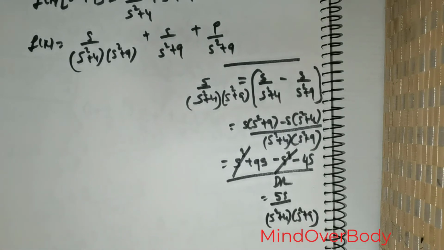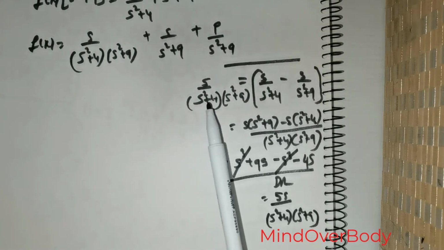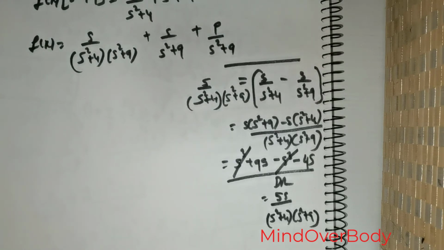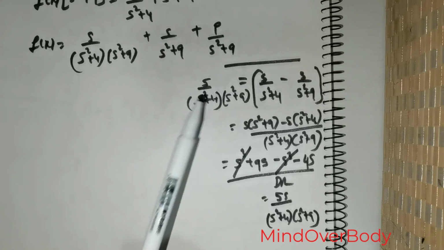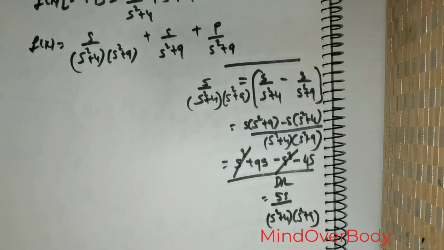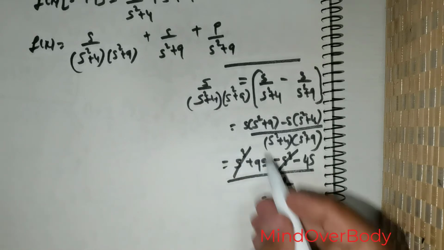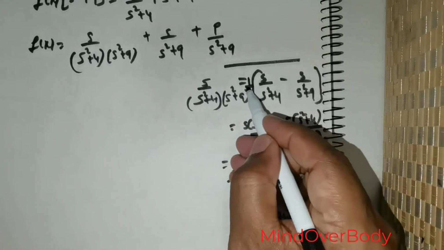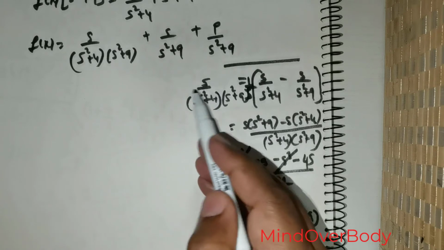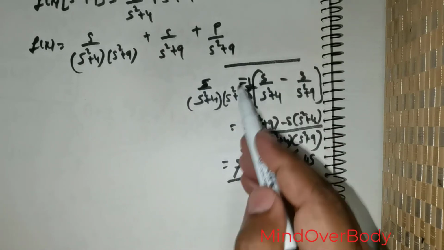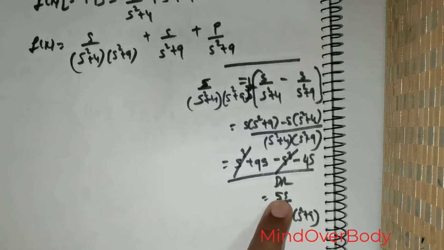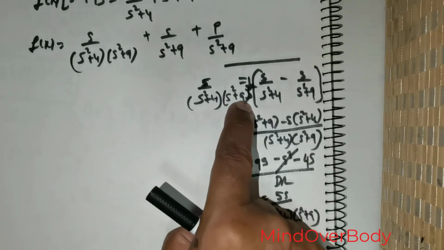What I wish to show you here is that, without going through the tedious nature of applying partial fractions, I am able to rewrite this quantity as this quantity. The only problem is this can be achieved if I place 1 over 5 here. So s divided by the denominator is equal to 1 over 5 times this entire quantity, because this 5 will be neutralized once I have a 5 there.